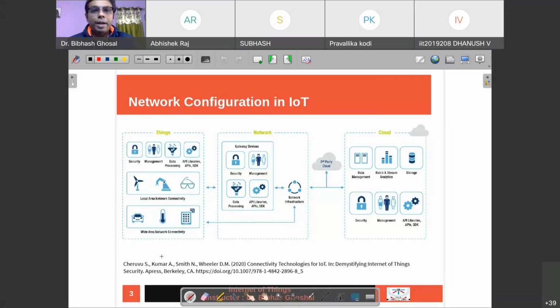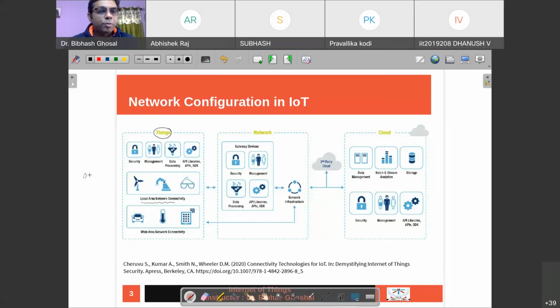So let's look at the network configuration in IoT. If you divide your entire IoT system into a layered structure, the most simplistic model that you have is a three-layered model, where you have the devices at the lowest level. We call them things. Now, the things are the ones that collect data and do some initial processing, and these things, which form the bottom layer, can be connected in a very limited geographical region, which forms the local area connectivity.